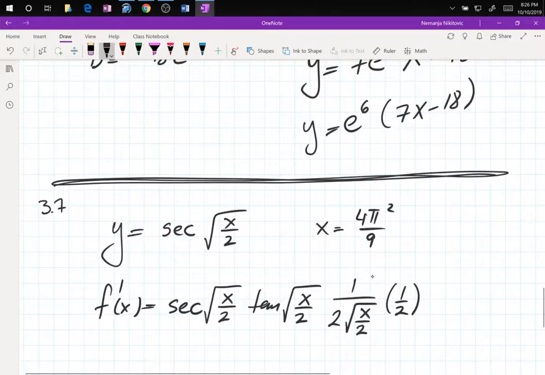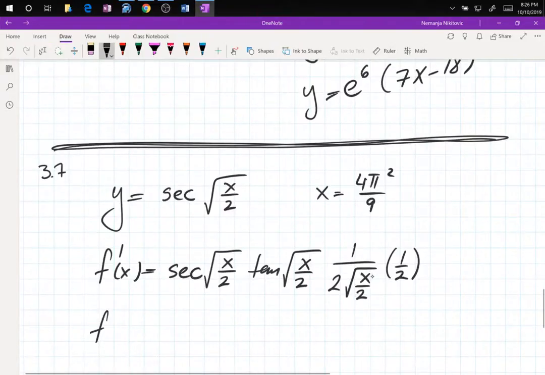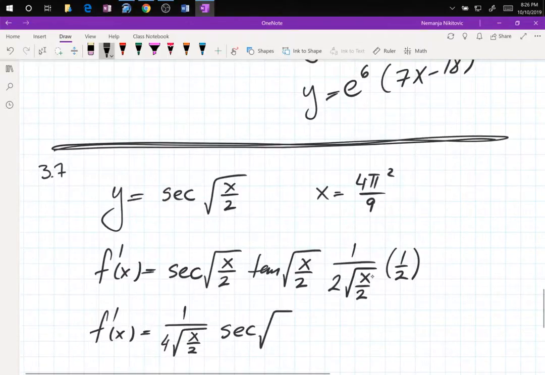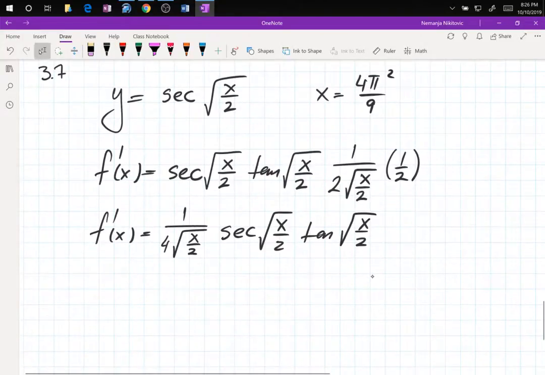A little bit convoluted. So this whole derivative mess simplifies into 1 over 4 square root of x over 2 times secant square root of x over 2 times tangent square root of x over 2, and let's call it good.